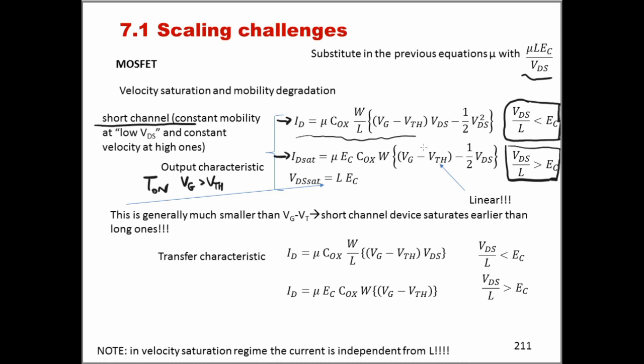Note now that in this case, the Vg minus V threshold term in ID sat is now linear. So this is one point to note as compared to the long channel case. And now Vd sat is given simply by, or is related to, the critical electric field.